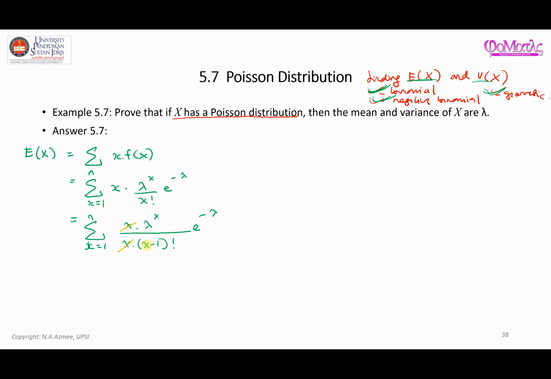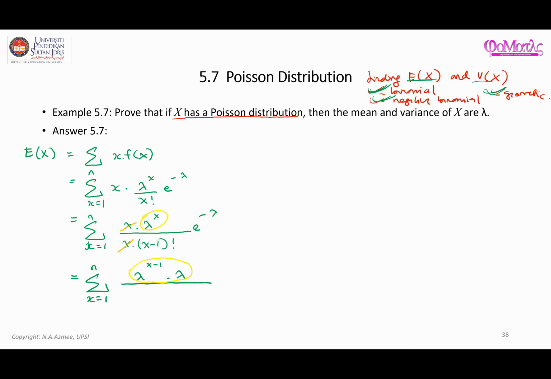Notice that we can do that by writing lambda to the power of x as lambda to the power of (x minus 1) times lambda. By doing this, it is the same thing as having lambda to the power of x.